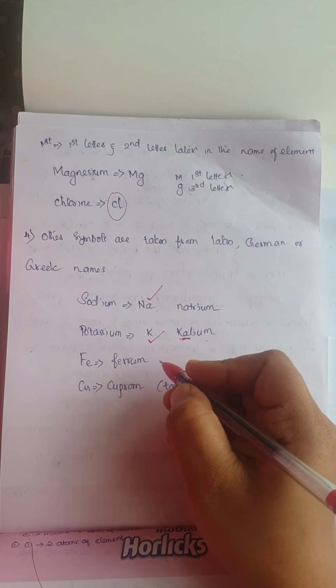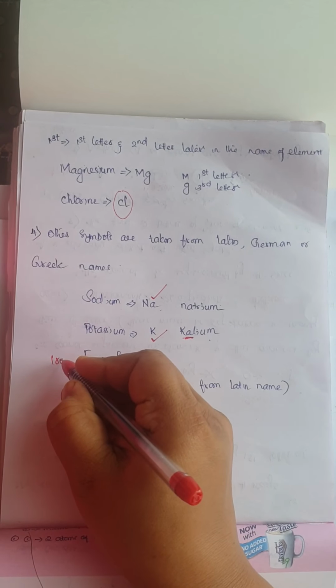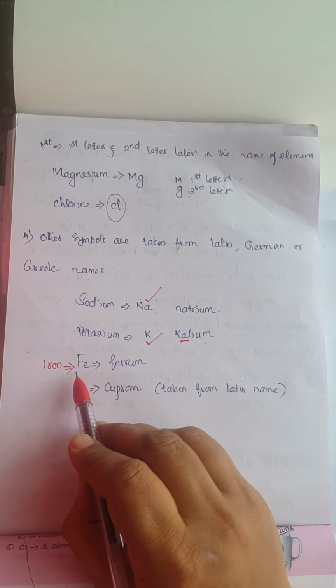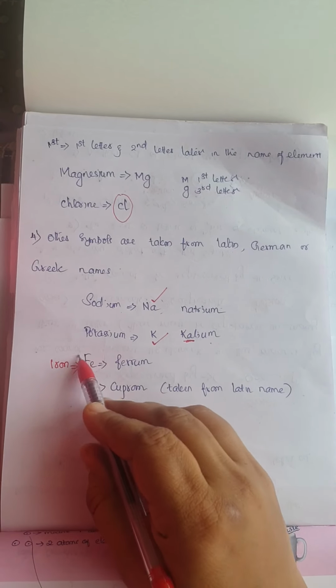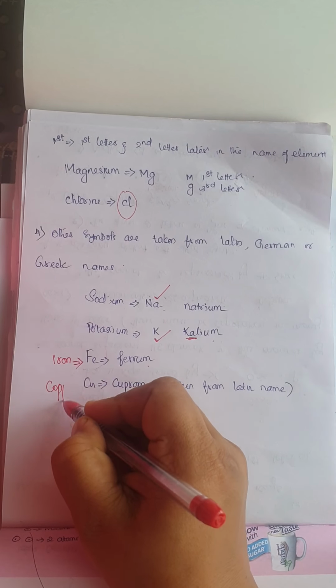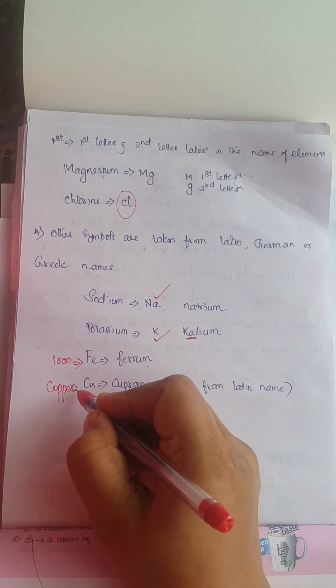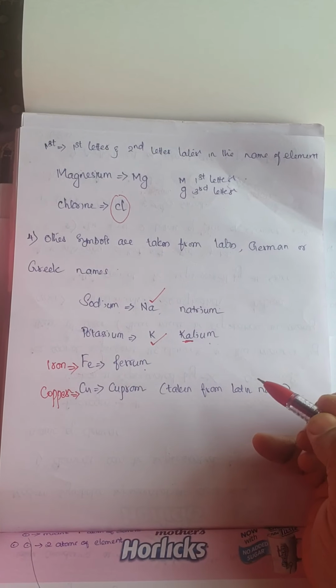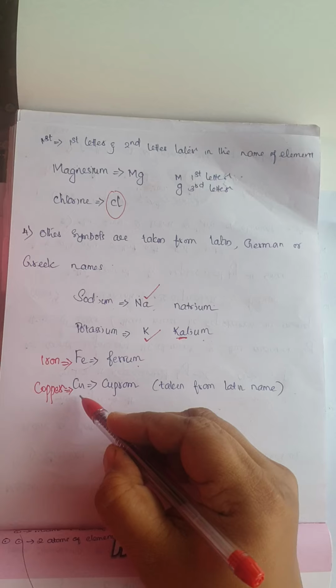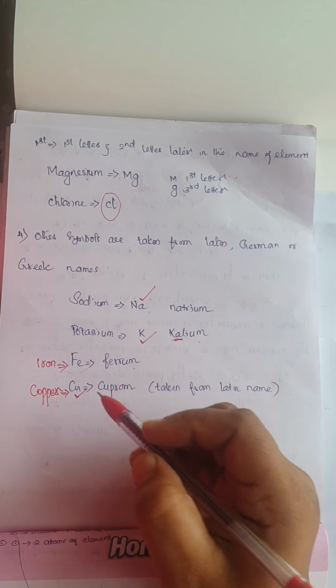That is why iron is represented by Fe. Next is copper. Its Latin name is cuprum. So we are using Cu for copper.